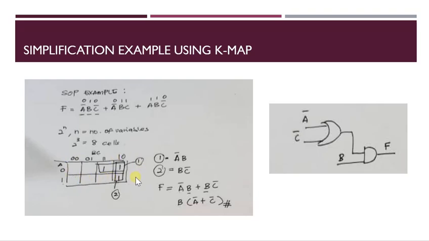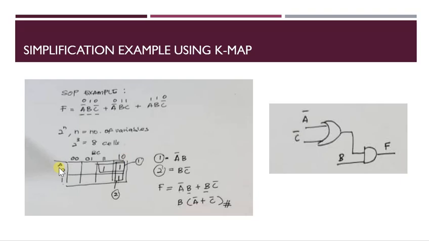So we must draw 8 cells inside the K-map. Once we draw the K-map table, we need to put the variables. For the row part, we put A, and for the column part we put BC. As I said before, you cannot change the orientation of the variables. A is the most significant variable and should reside at the row part, and BC should reside at the column part.